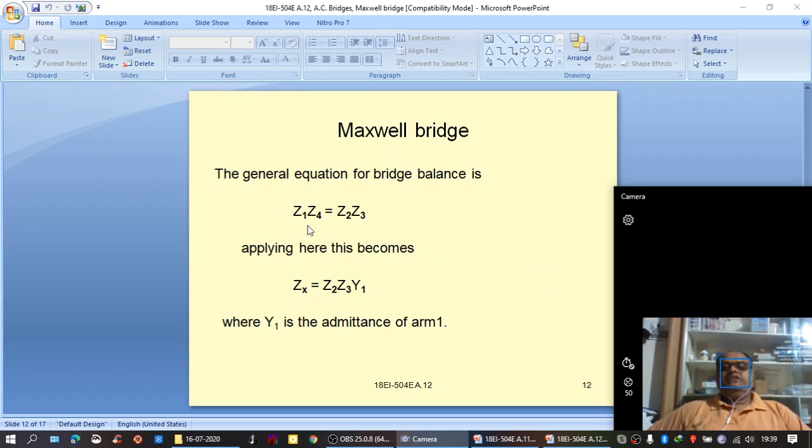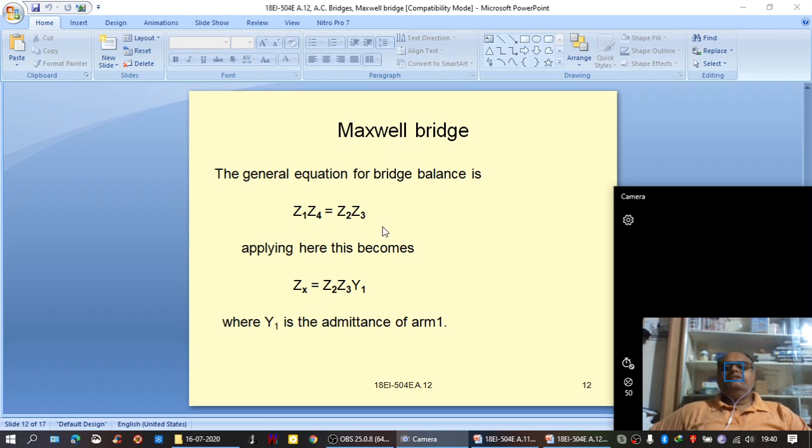Here, in place of Z1, where in Z1 a parallel combination of resistance and capacitance is used, it would be better, instead of using impedance, if we choose admittance for calculating the unknown inductance values.